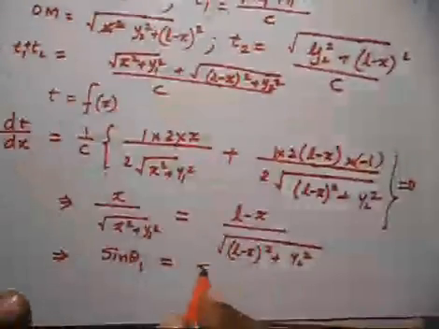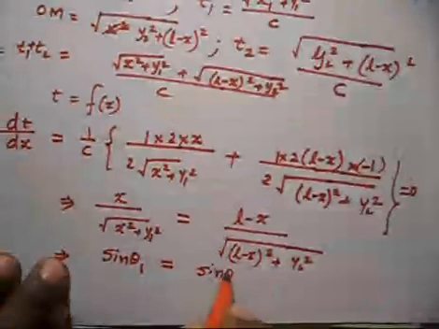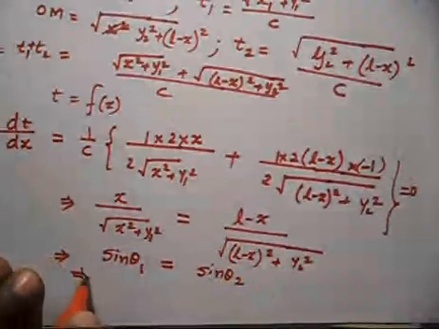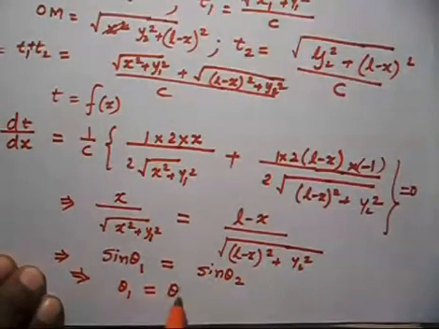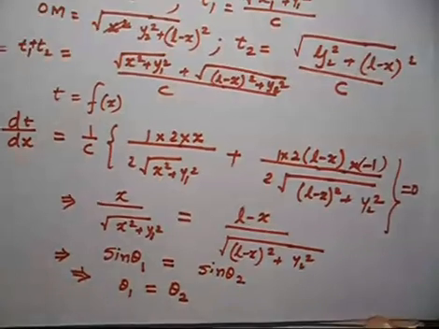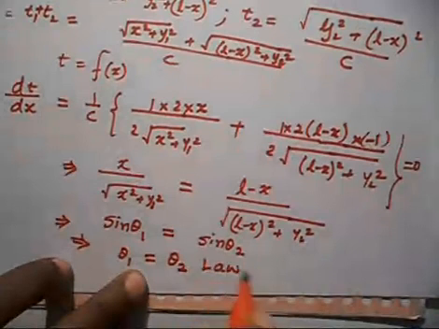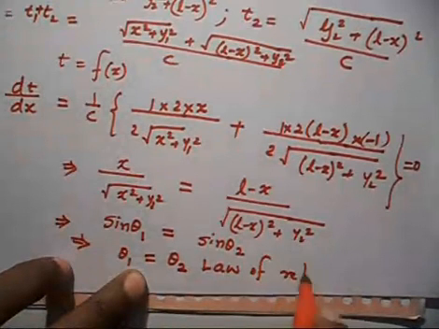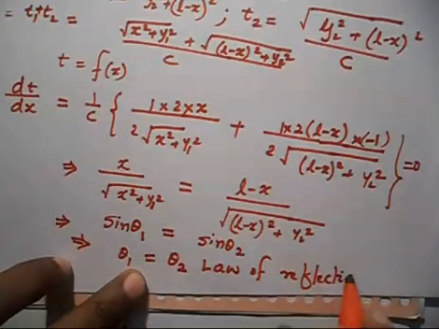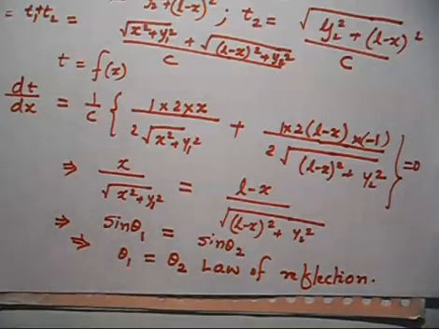So this implies theta 1 is equal to theta 2. That is nothing but the law of reflection. So you see what we are doing. We are proving the law of reflection using Fermat's principle.